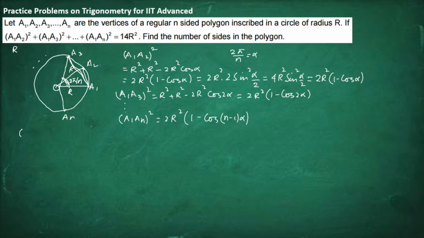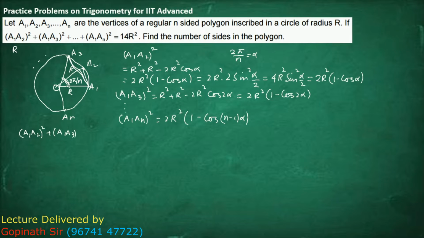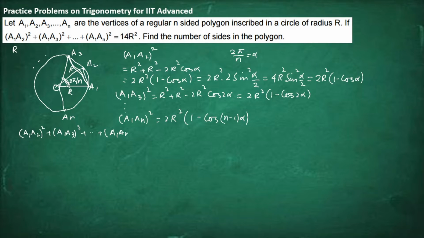Now, if I add the corresponding sides, A1A2 square, A1A3 square, and so on, A1AN square, what will it give? If I take 2R square common, we get 1 minus cos alpha plus 1 minus cos 2 alpha plus and so on up to 1 minus cos (n minus 1) alpha.